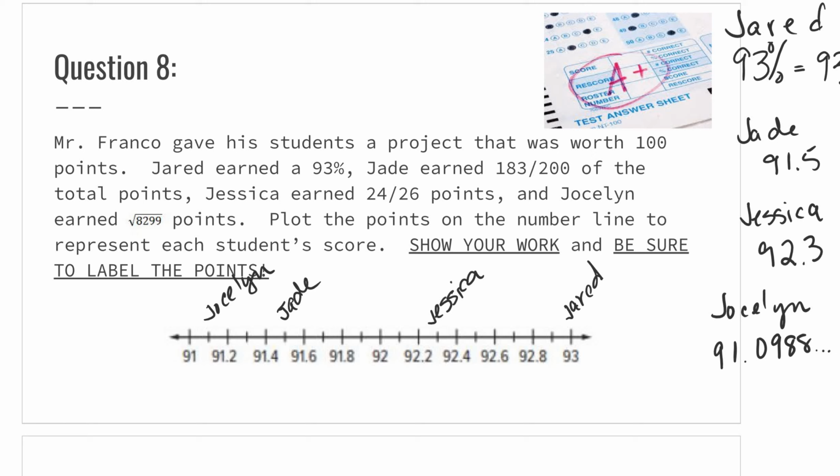It says to show your work and be sure to label the points. Okay, so each of those I labeled with the student's name. I did do work in the calculator, but I showed what I ended up getting from the calculator, and that's showing my work. All right, please do number 8 on your paper, and we'll see you tomorrow.